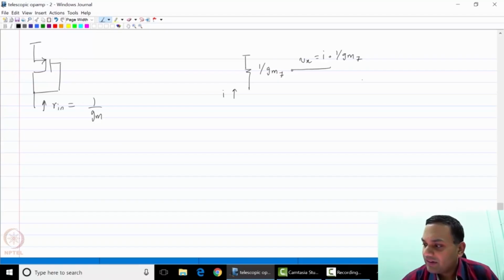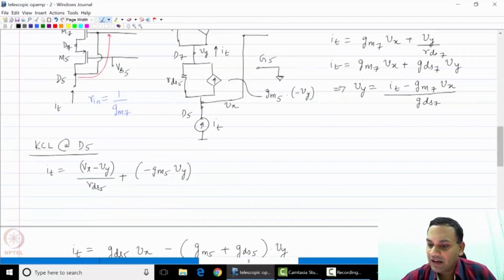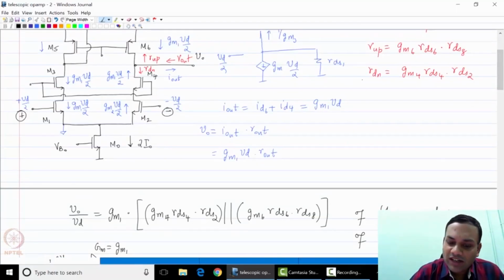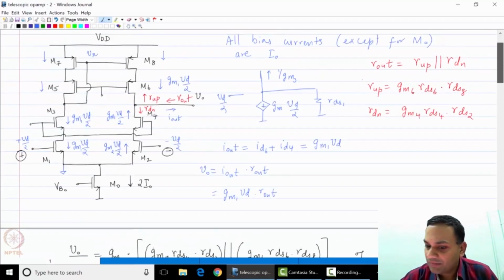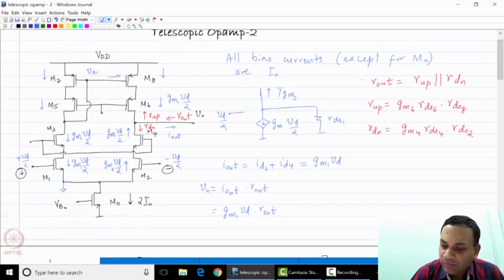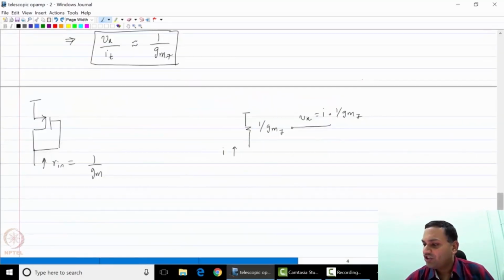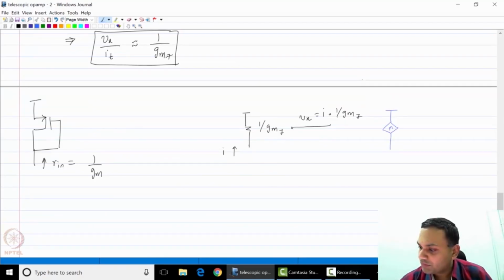Note that this Vx is connected to the gate of M8, and therefore the current through M8 would be gm8 times Vx.